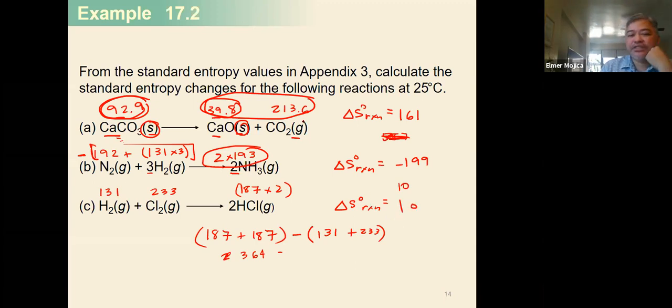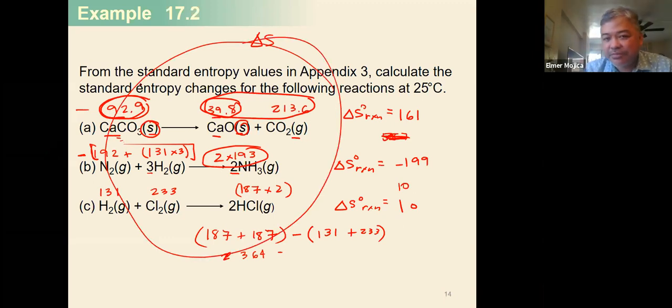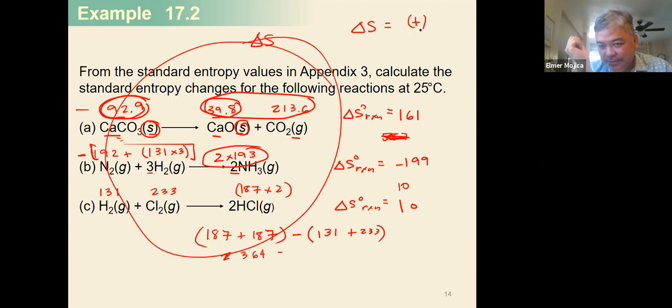Now, what do you notice with the delta S of a given material? Those are the values you can find here, this area here. What do you notice about the delta S values? They are all what? Positive, right? Do you see any negative values here?